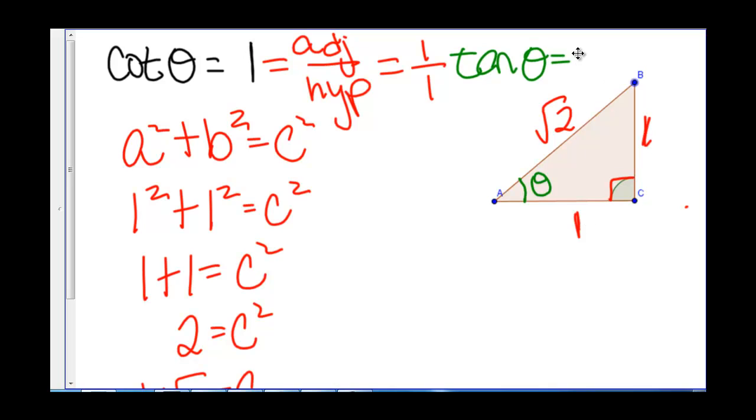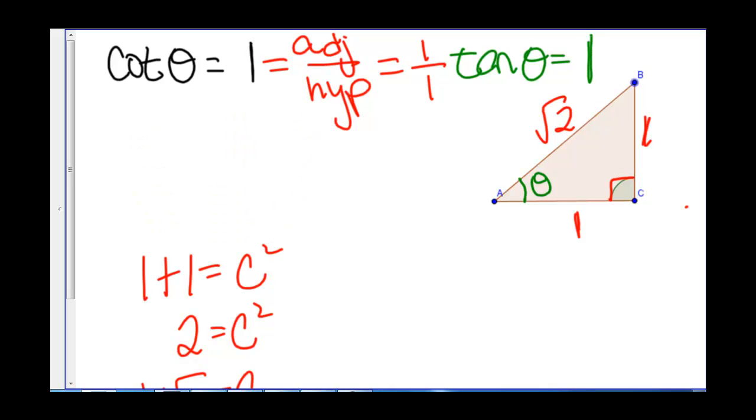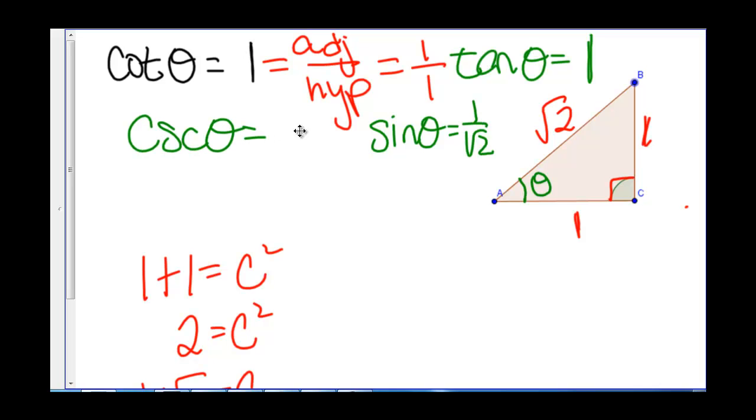Opposite over adjacent. That is 1. Let's find sine of theta. Opposite over hypotenuse is 1 over square root of 2. Cosecant of theta is hypotenuse over opposite, so that's square root of 2 over 1.